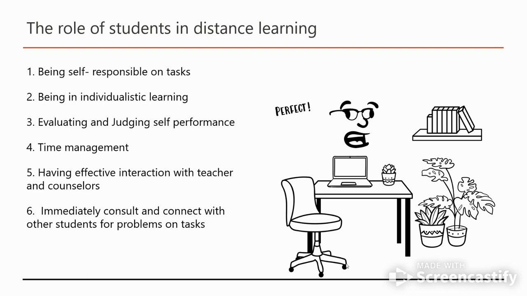How about the role of the students? Students in distance learning are self-responsible for tasks. It means that they follow the instructions and turn in their assignments and work, and study their assignments based on the assigned time in a specific period of time.